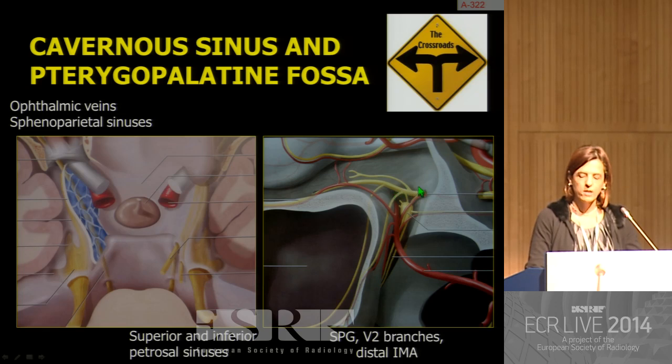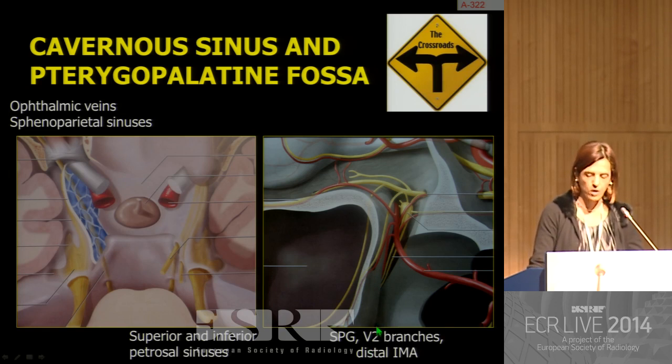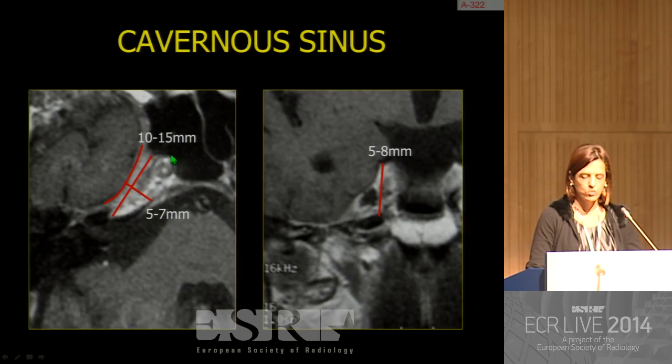It goes all the way from the inferior orbital fissure down into the palatine foramina that open in the posterior oral cavity, and it houses the sphenopalatine ganglion, the branches of the 5-2, and also the internal maxillary artery together with some fat. So the cavernous sinus normally measures around 12 by 6 by 6 millimeters, and in normal conditions, its lateral contour facing the mesial temporal lobe should be concave.